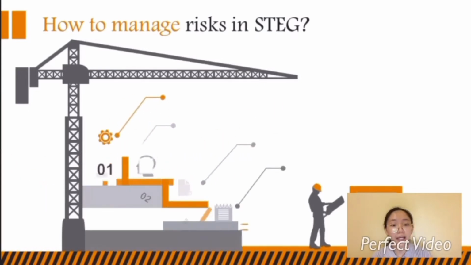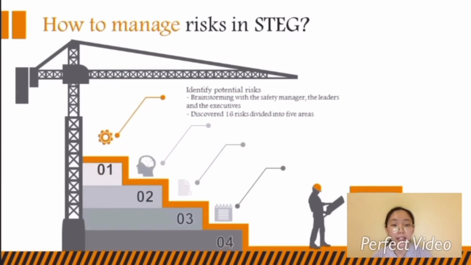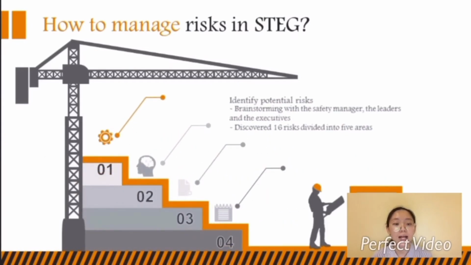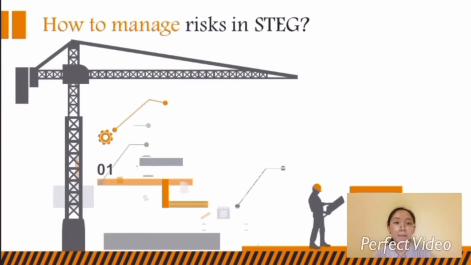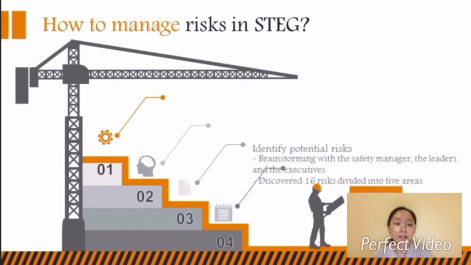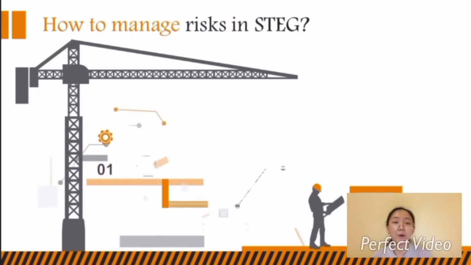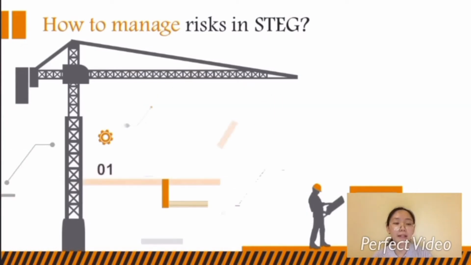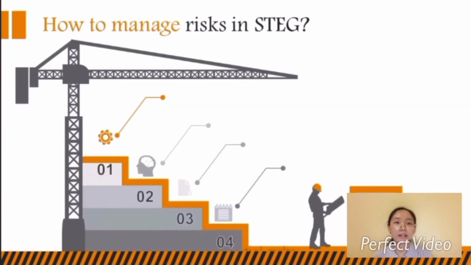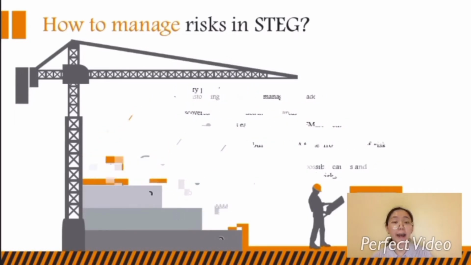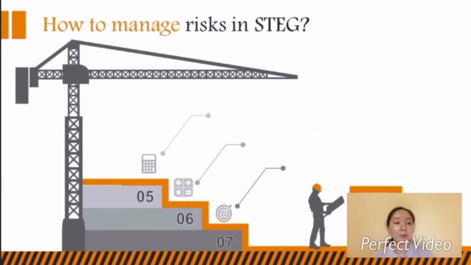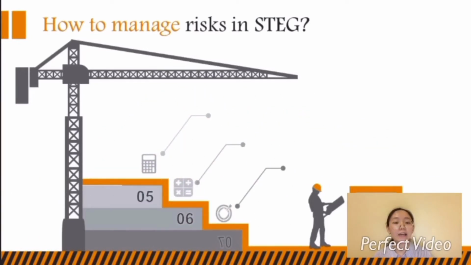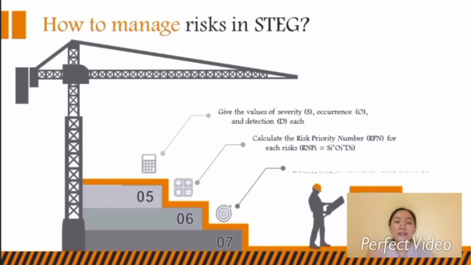And after identifying the risk, what they do is assess each risk using the FMEA method. The steps when you do an FMEA method: build the FMEA table first, listing the risks by each area, and after that you list the possible causes and possible effects for each risk, and then give the value for the severity, occurrence, and detection.